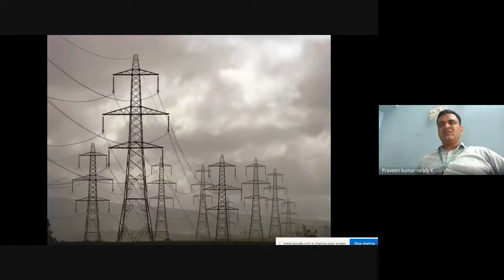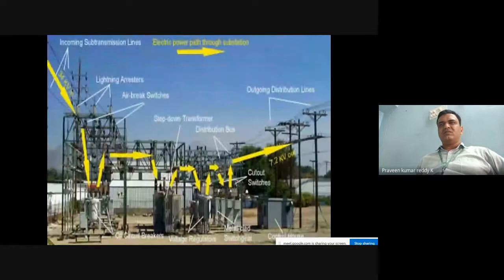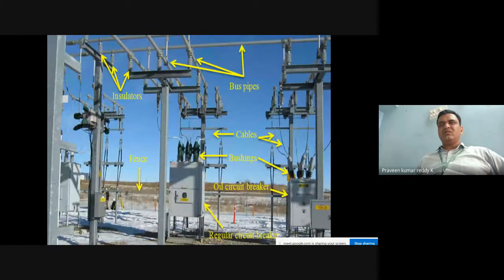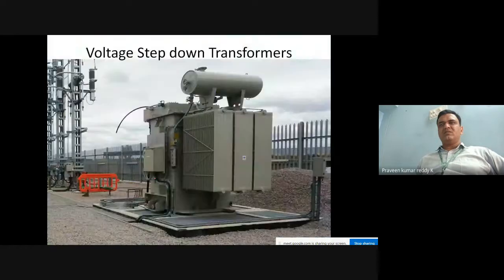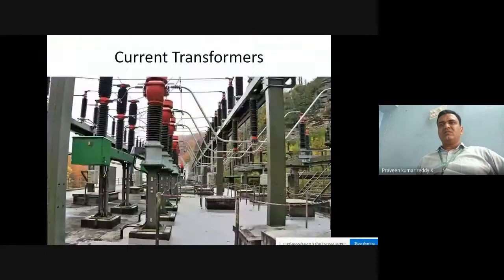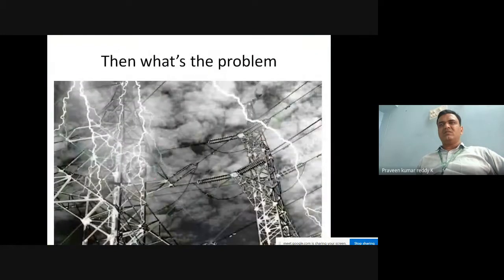In that, we have insulators, suspended insulators, a lot of cables involved, and a lot of protection equipments in the substations, like bushings. A lot of things are involved in the system. Okay, step down transformers, current transformers.